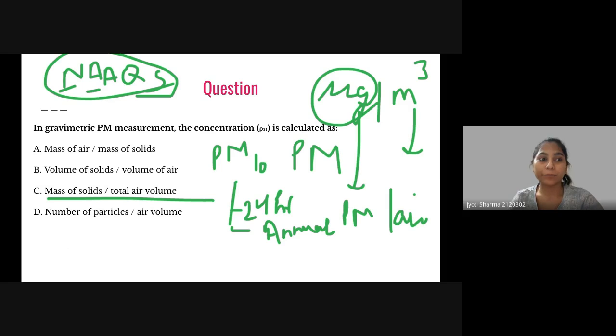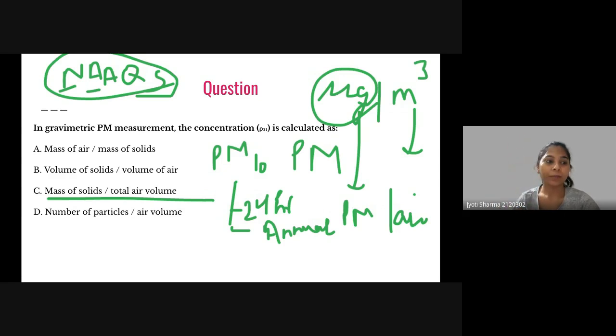So CPCB, that is the Pollution Control Board, has given a lot of standards for how much particulate. So what should be the threshold above which we should not cross? What should be the PM10 concentration that we can have in the atmosphere, but if it goes beyond that value, then we can consider that hazardous, right?